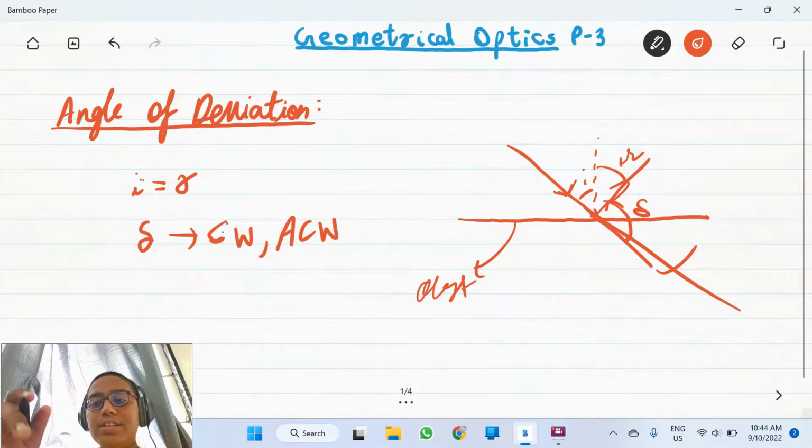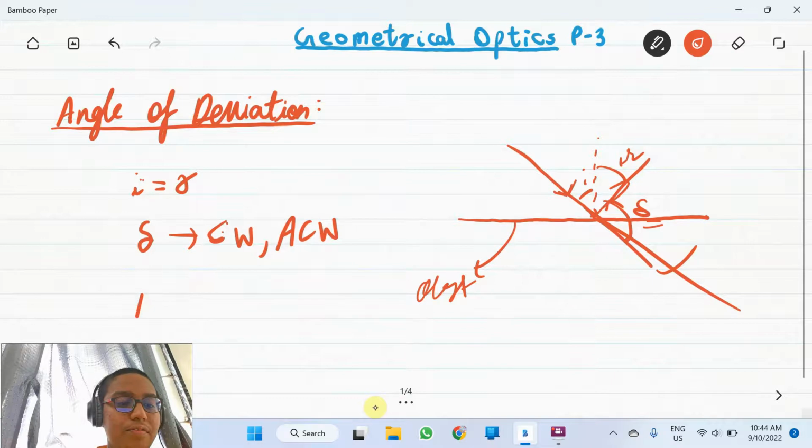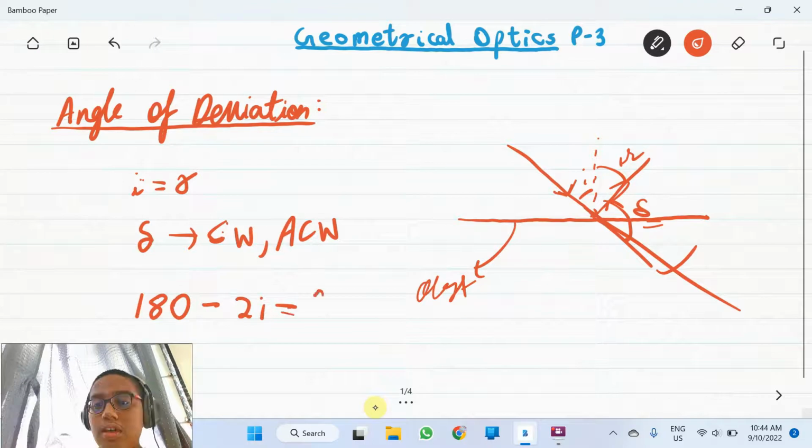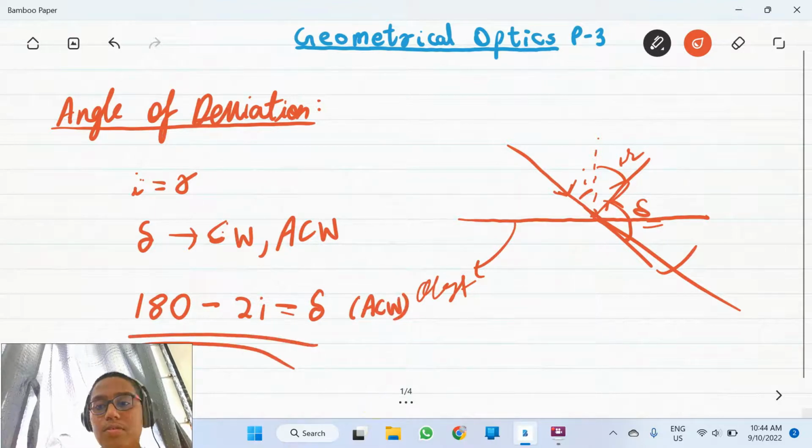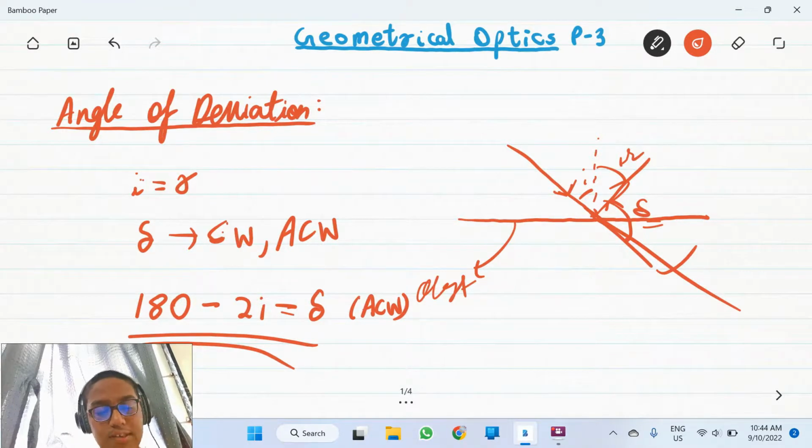Here, what we have considered is the anti-clockwise one. So, by simple geometry, we can say 180 minus 2i equals angle of deviation, and this is anti-clockwise. Are you getting it? 2i because i equals r, so that gets combined and we write it as 2i.